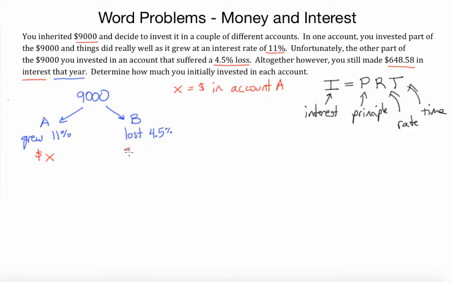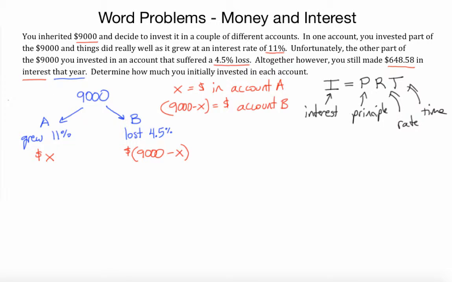Well, I have $9,000 minus the amount in A. So I have to write an expression for the amount in B. So 9,000 minus X equals the money in account B. Hopefully that makes sense. Again, if I add these together, 9,000 minus X plus X is going to add up to $9,000. So it works out, but that's your strategy. I need one variable that I can use to represent the money in A and the money in B.